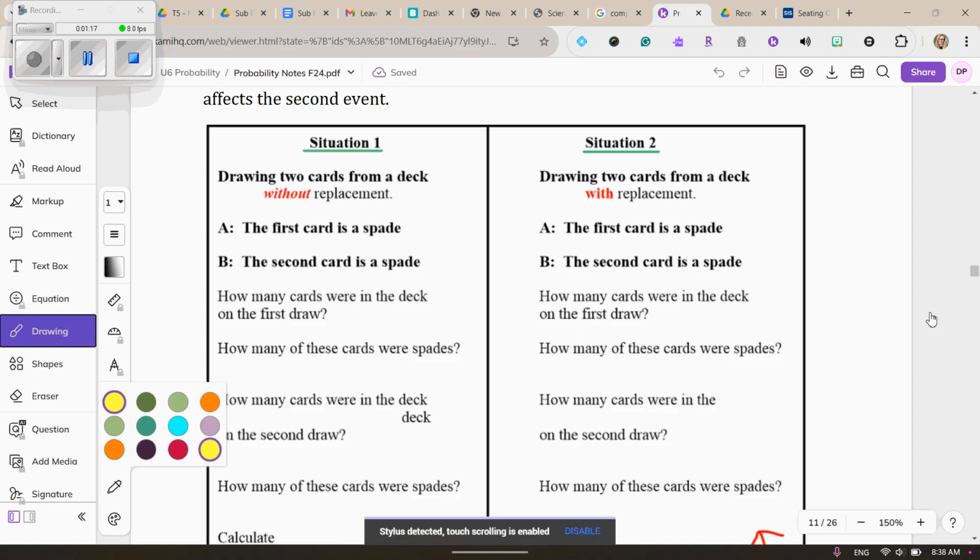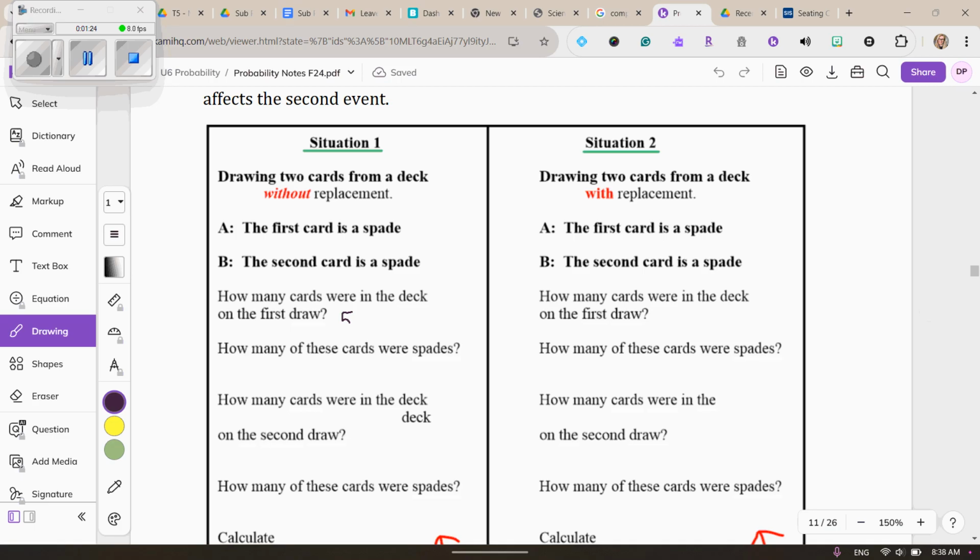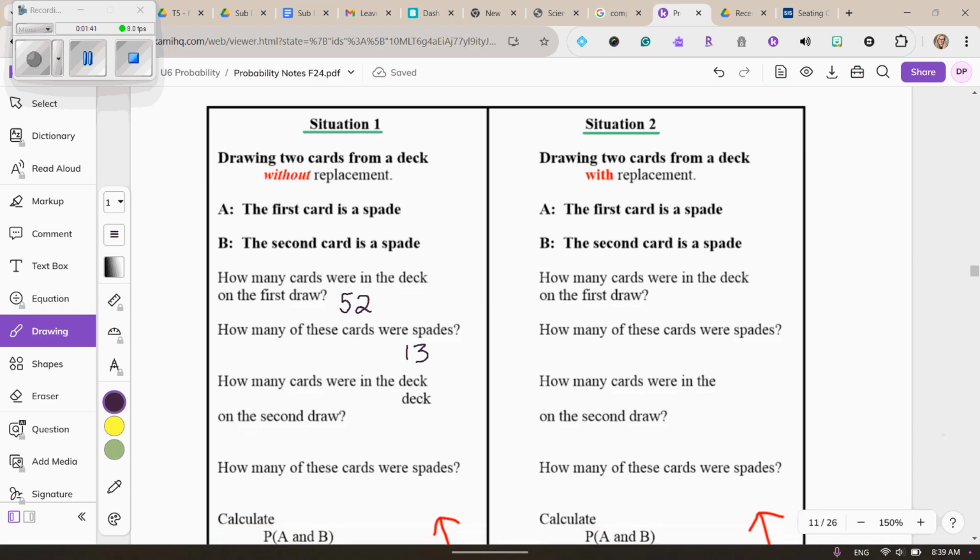It says, how many cards were in the deck on the first draw? When we drew the first time, just like any deck, we would have 52 cards in that deck. How many of these cards were spades? Remember, spades are a quarter of the deck, which is 13 cards. So if all 52 cards were there, 13 of them would be spades.